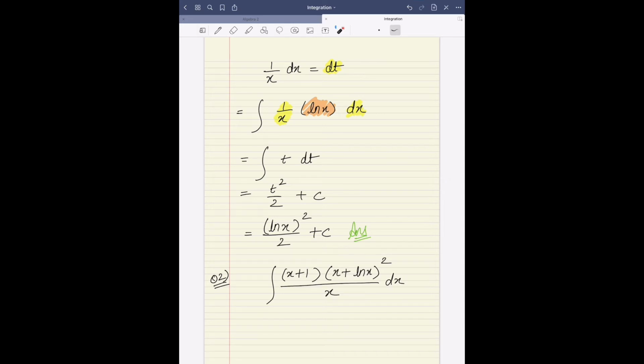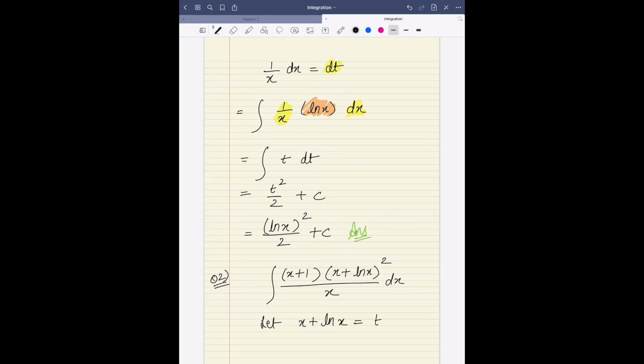In substitution questions, most of the times, the expression which has a power on top is generally taken to be t. So if nothing works, you do one thing. You take it to be t. We'll see what happens. Let x plus ln x be t.